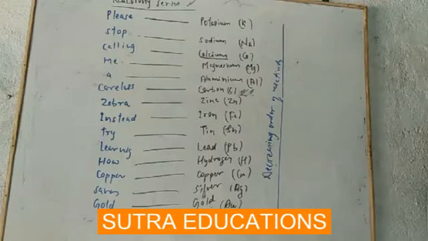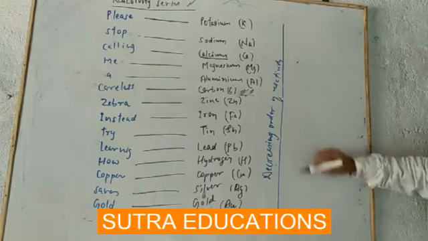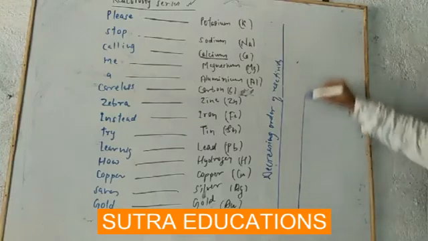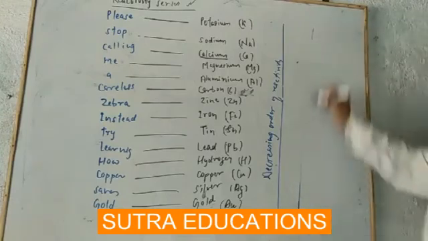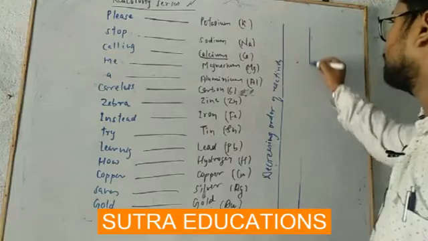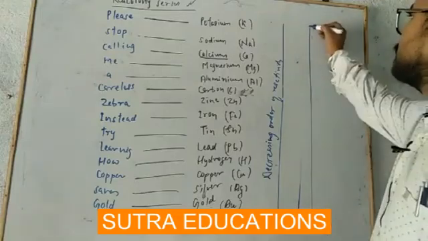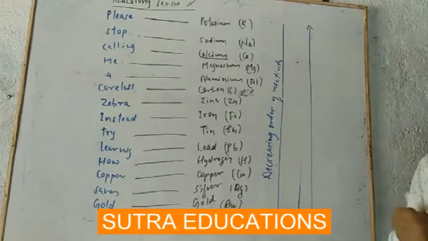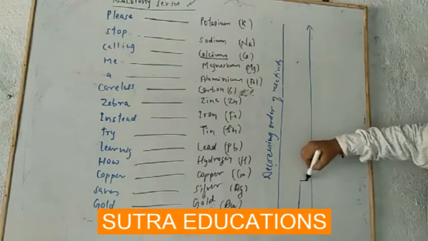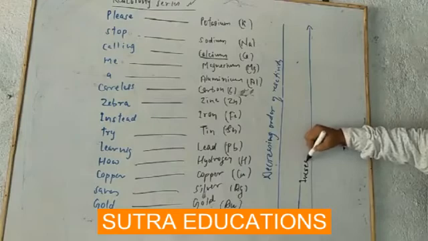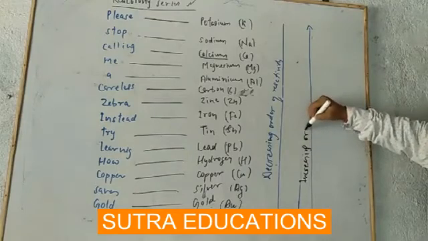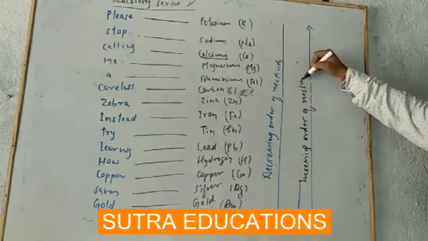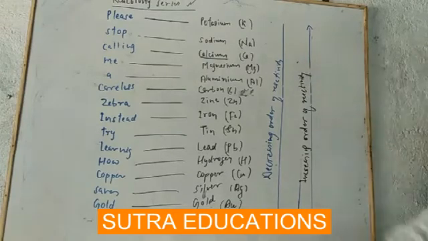If you are going from bottom to the top, then it is the increasing order of reactivity. Got it?